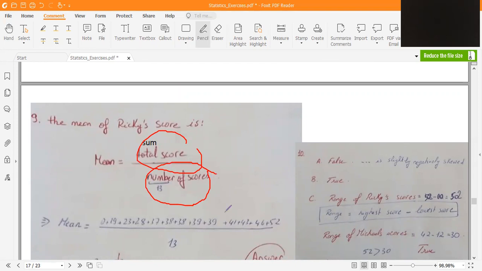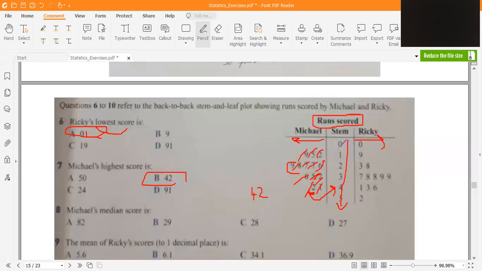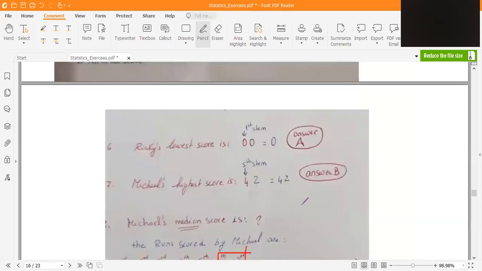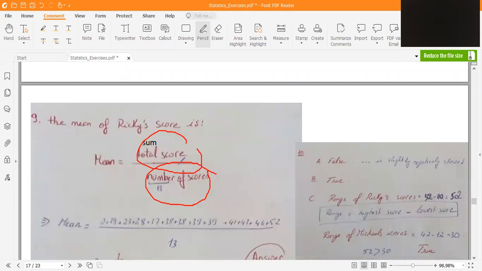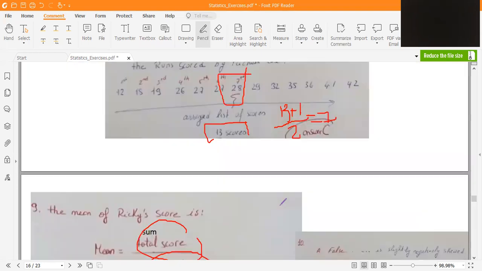So we should obtain the set from the stem and leaf plot. 0 plus 19 plus 23, 28 plus 37, 38, 38, 39, 39, 41, 43, 46, and plus 52, over 13. So we will obtain the sum over the number, 34.1, as the answer.